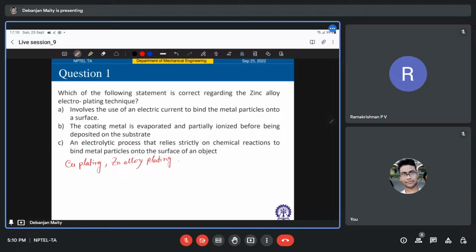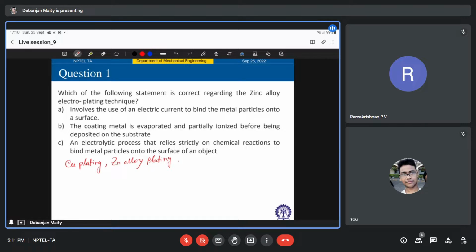Now, electroplating is a very common kind of process in industry. It basically involves the use of an electrical current to bind the metal particles onto a surface, and it can be a possible replacement for cadmium coatings, which can eliminate workplace exposure to cadmium and cyanide, right?